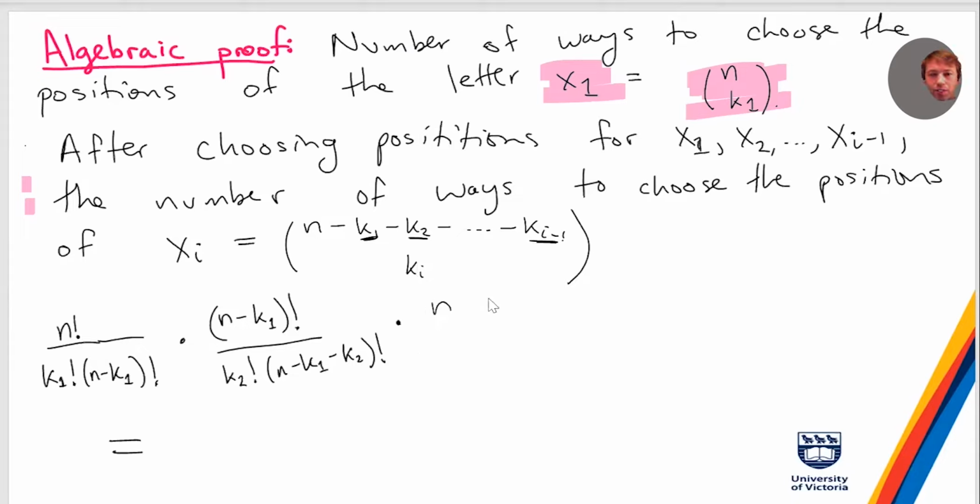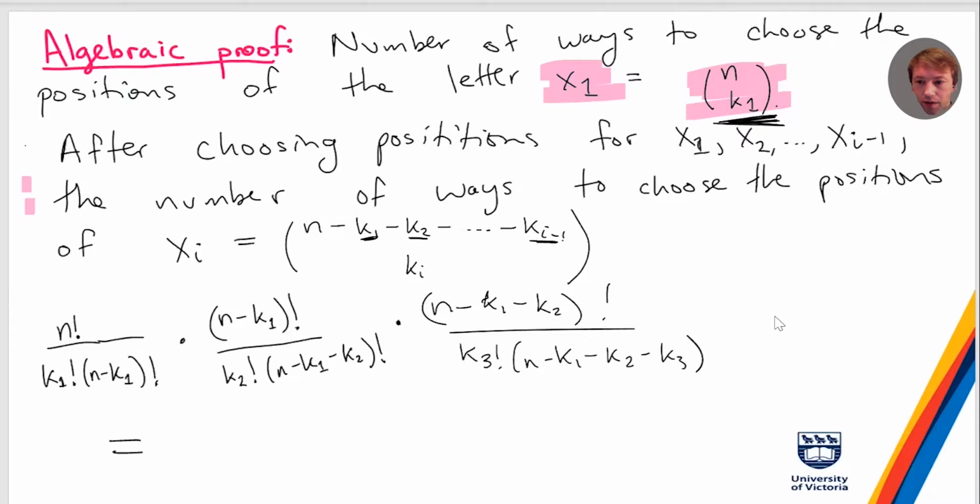So the number of choices becomes n choose k1 times n minus k1 choose k2, and so on and so forth. Just using the formula for binomial coefficients. The thing is, for the last letter, you're not really going to have any choices, right?